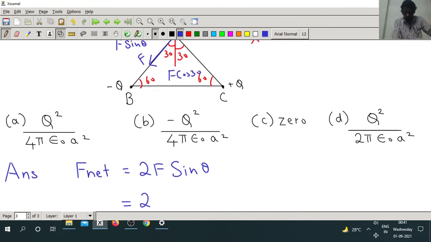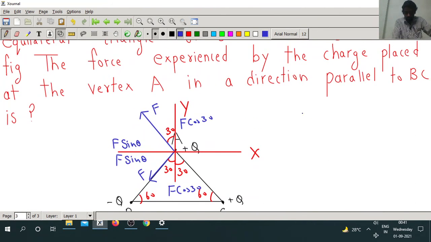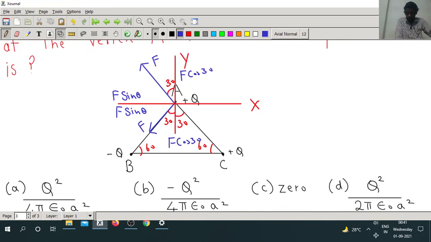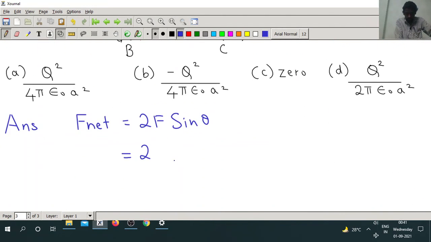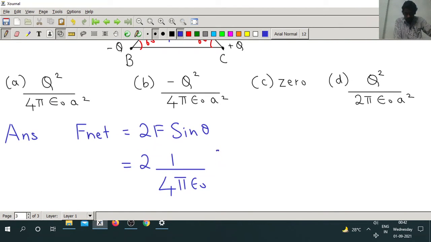I can write this force equation by Coulomb's law as K, that is 1 upon 4 pi epsilon naught, into Q square upon distance square, and distance is given over here.